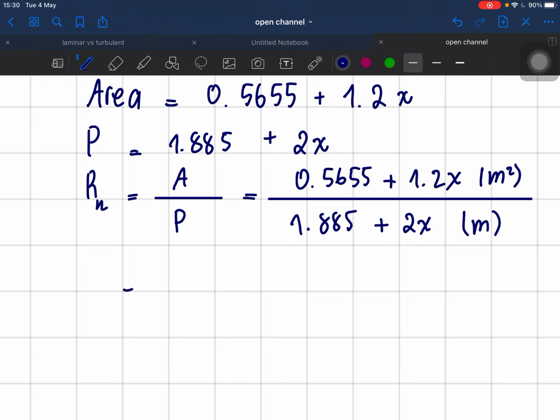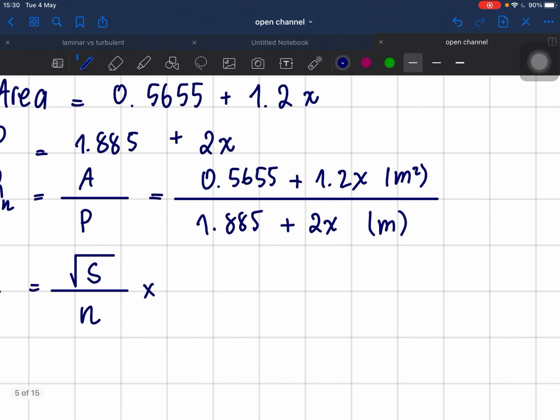So everything here equals to u, the Manning's equation, square root of s over n times, I don't want to write everything yet. I know you guys are smart. You know what it is. 2 over 3 times, no more times.